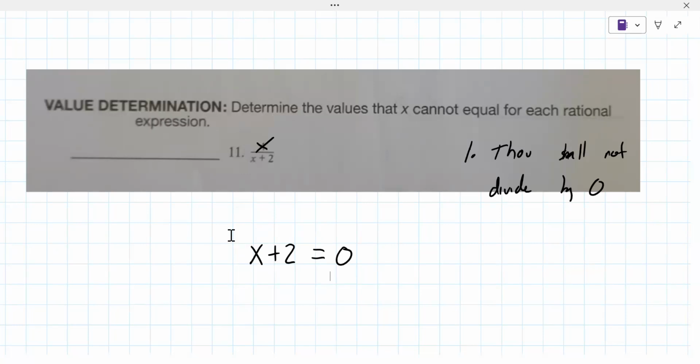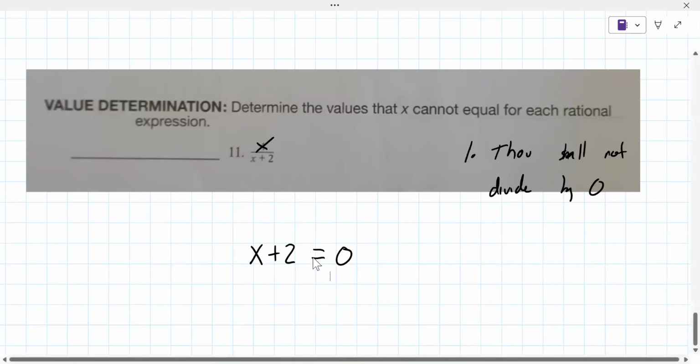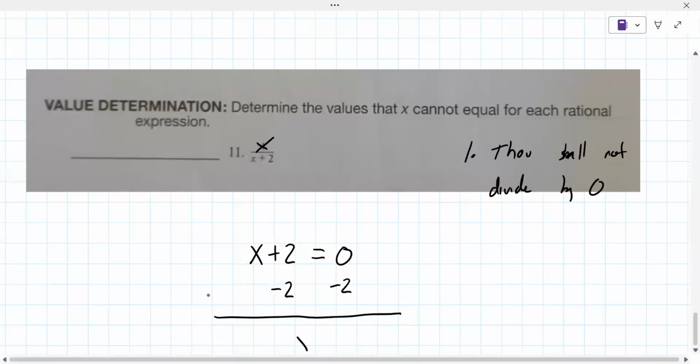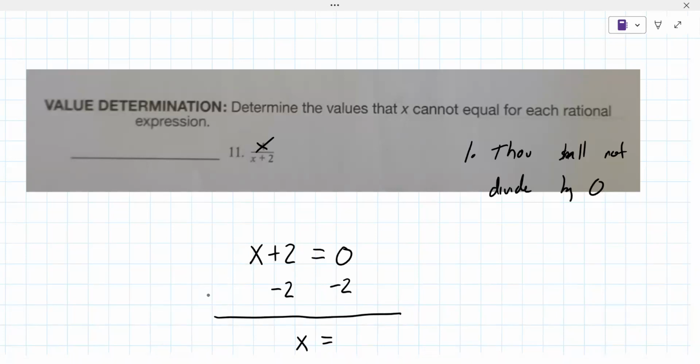Would I have to divide? Nope, you're undoing addition and subtraction. So I guess I would subtract 2, and then x would equal 0 minus 2. 0 minus 2 is -2.